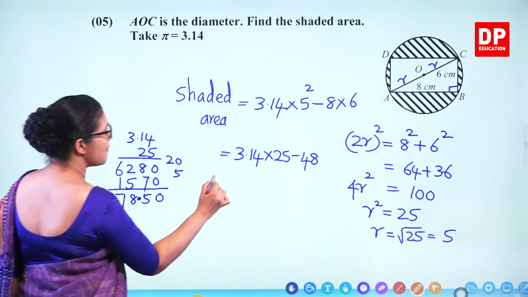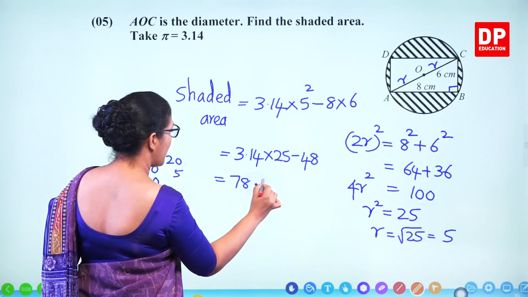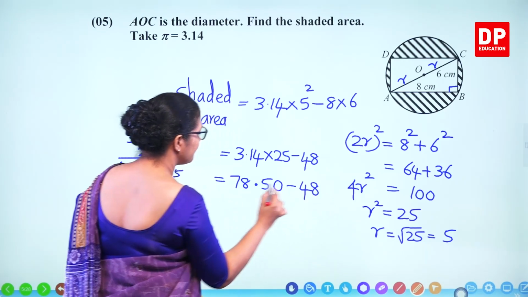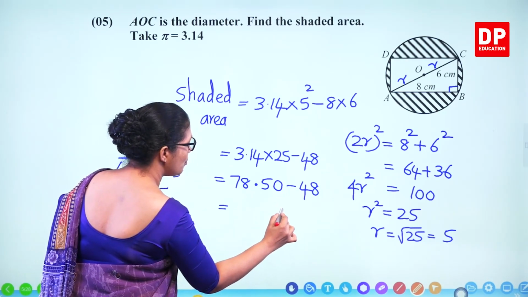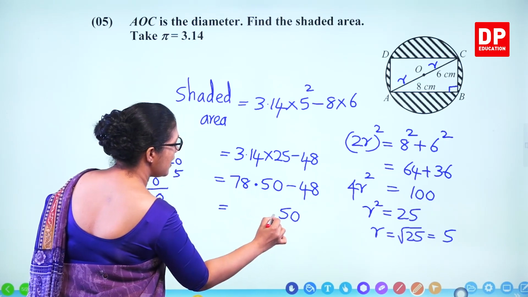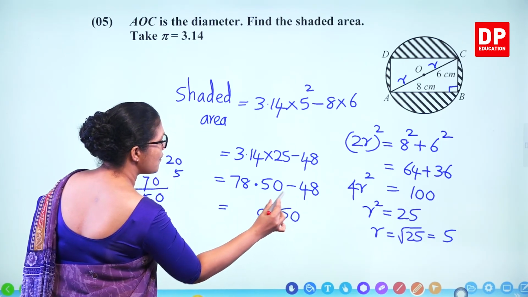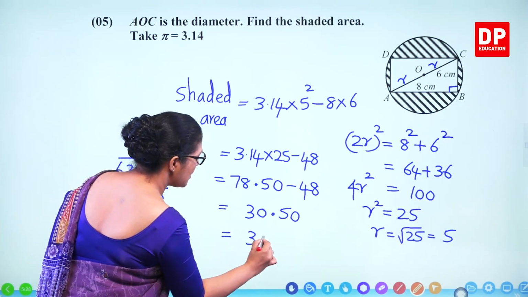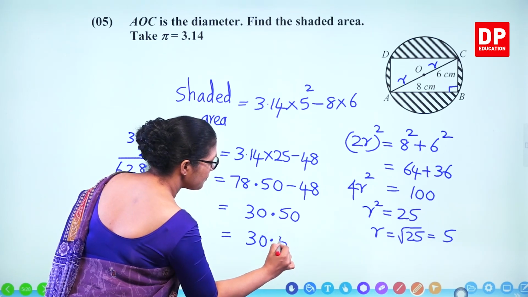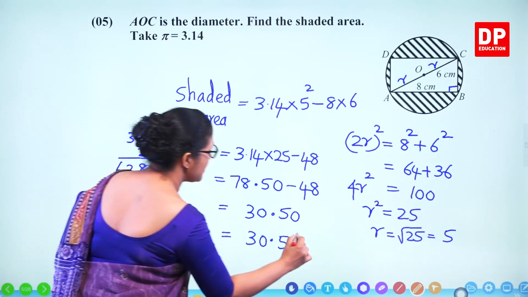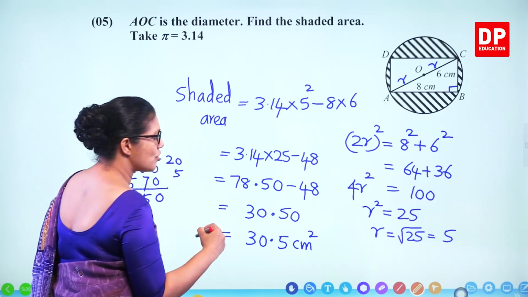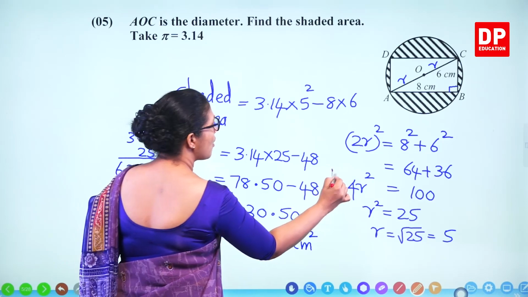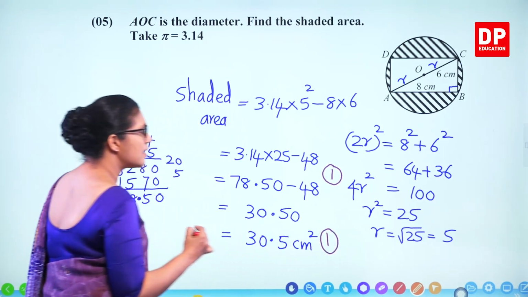So you get 78.50. Subtract 48. 8 and 8, 0. 7 minus 4, 3. 30.5. So what's the area? 30.5 square centimeters is the shaded region. So you get 2 marks, 1 mark for the method and 1 mark for the correct answer.